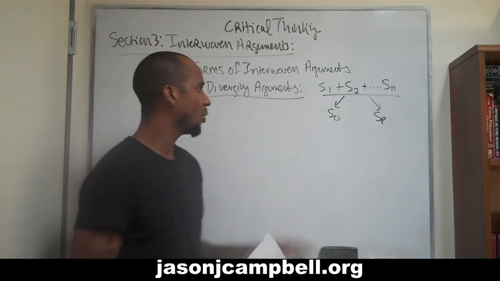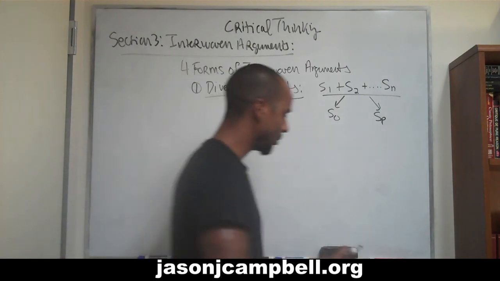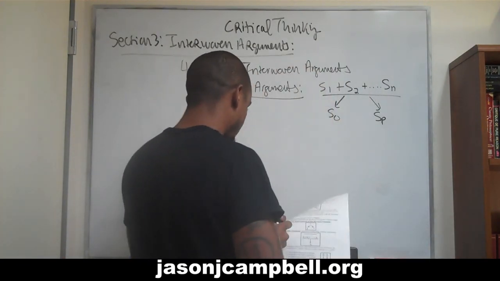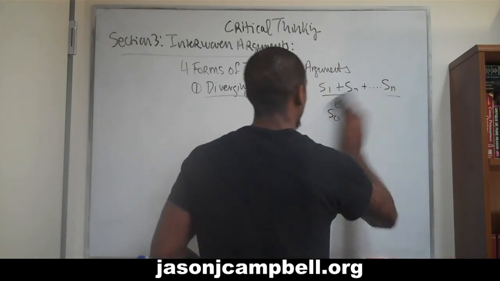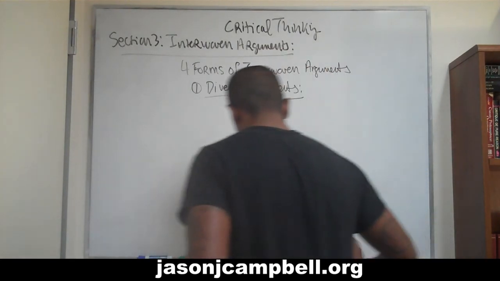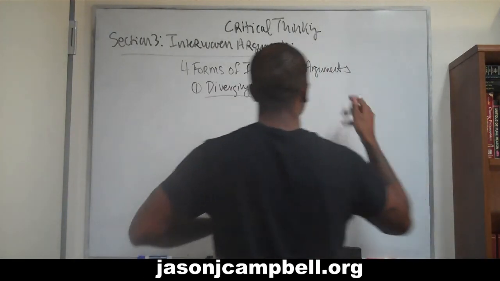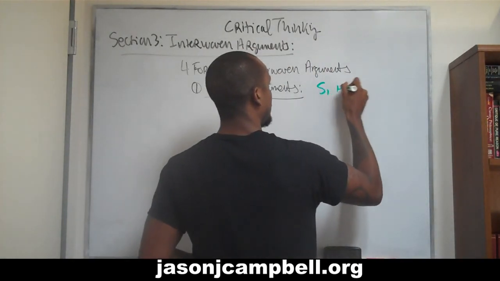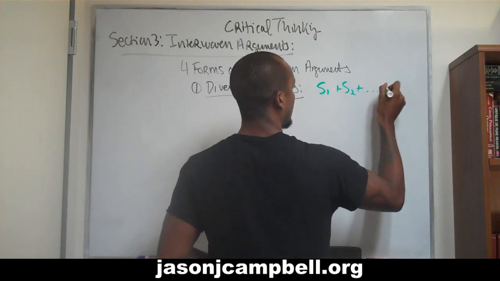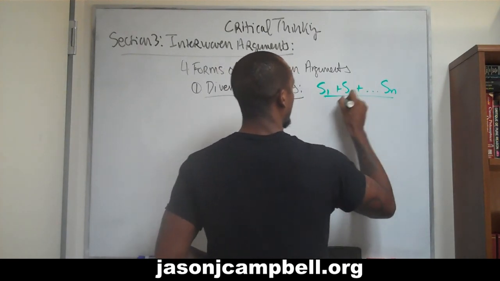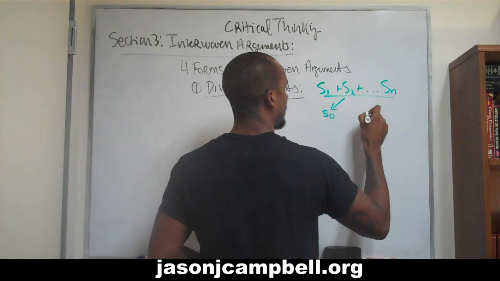So this is the format. I probably should use a different color because I want it to stand out. Alright. So we have S1 plus S2 plus ... Sn leads me to SO.